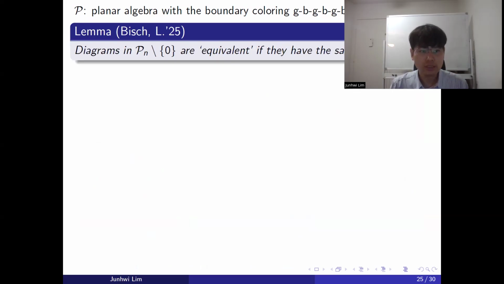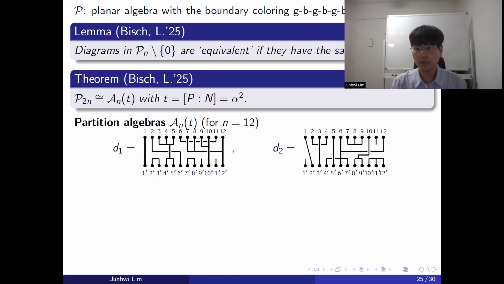And we show that the diagrams are equivalent if they have the same partition invariant. And using this result, we show that our planar algebra is isomorphic to partition algebras. Partition algebras are linear span of the partition that can be expressed by these diagrams.